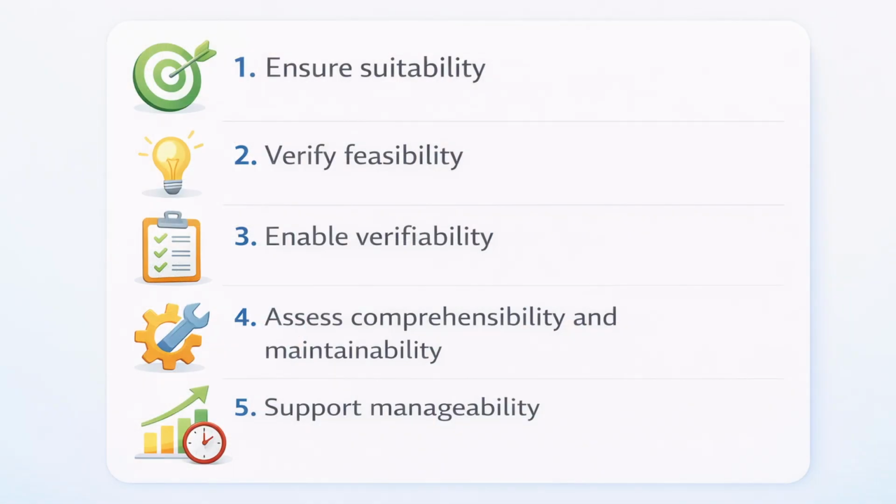In summary, architecture analysis is performed for 5 critical reasons: ensure suitability, verify feasibility, enable verifiability, assess comprehensibility and maintainability, and support manageability. Architecture analysis is more than a technical check. It's the foundation for safe, robust, and predictable development, supporting both engineering and project management.